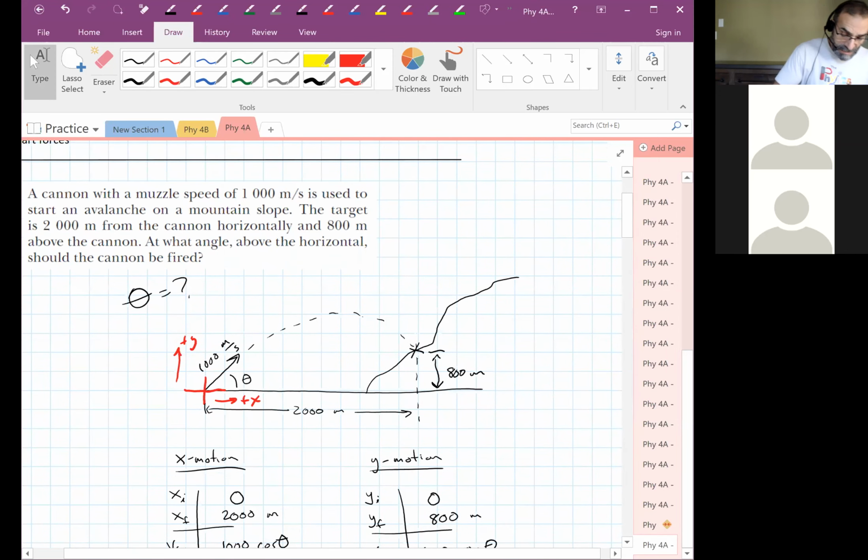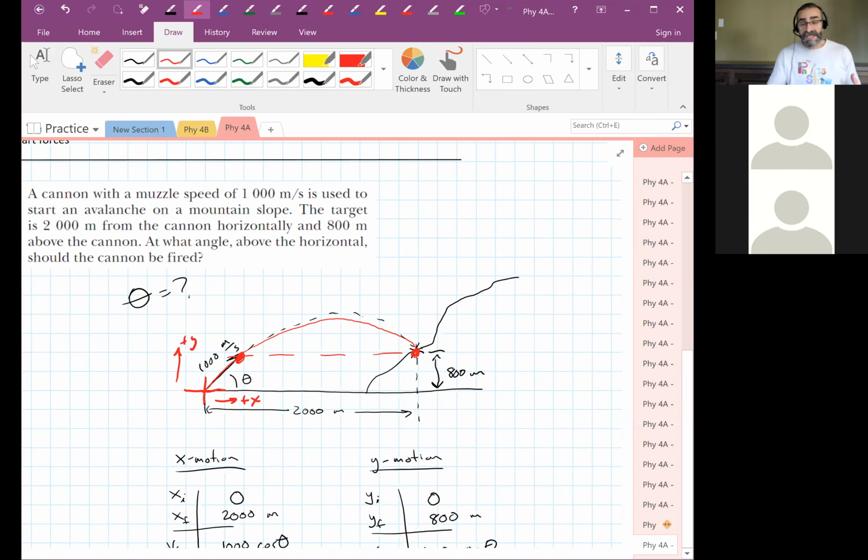At 2 seconds, my projectile is right here at y equals 800 meters. Then it keeps going, and at 202 seconds, it's right here. It's at y equals 800 meters again, but coming down this time. So that's why we have 2 times.